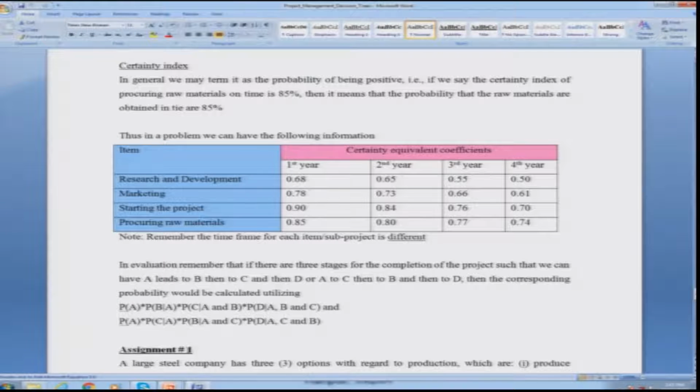In evaluation, remember there are 3 stages of completion of the project, such that we can have a case like this: A leads to B, which leads to C, and then D; or A to C and then to B. So, there are two consequences of how things are being done, like you procure the material, you do the initial processing of the raw materials, then the raw materials are worked on in the final stages and then sold.